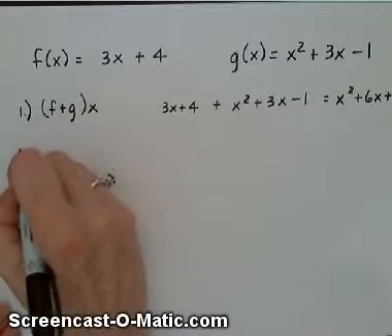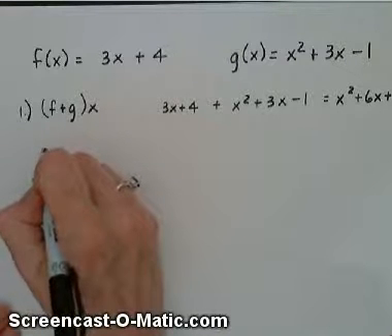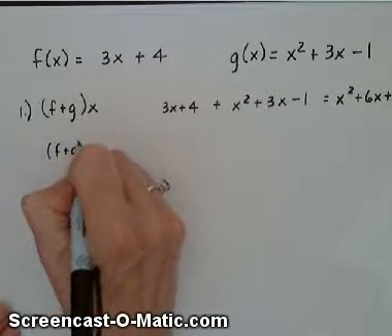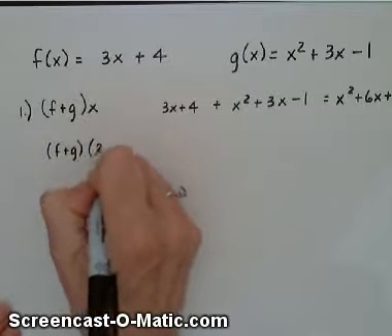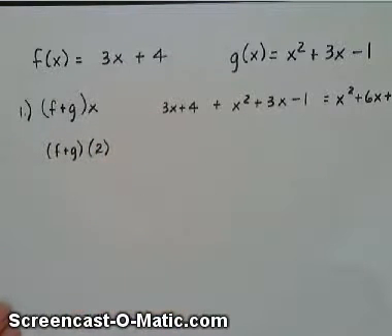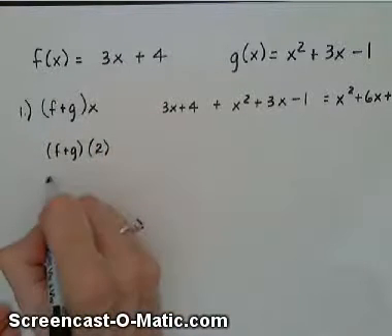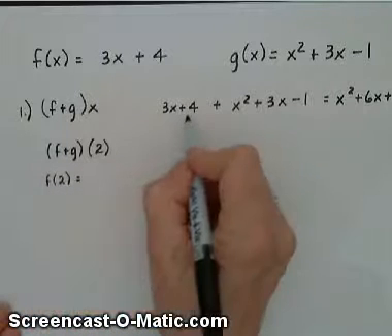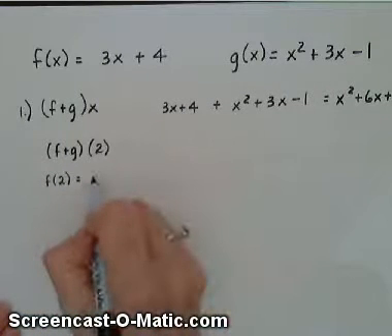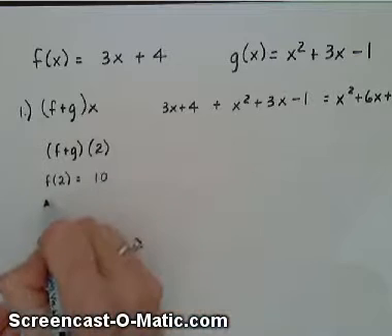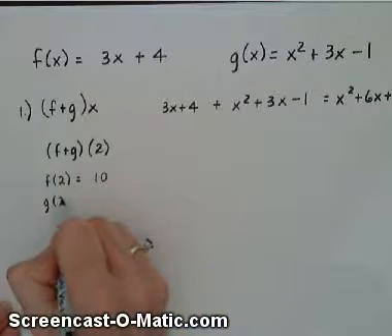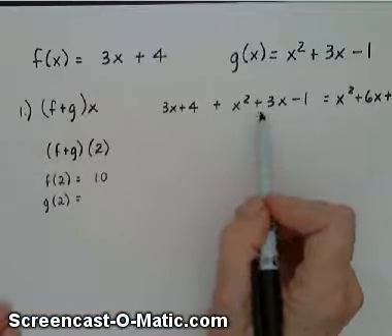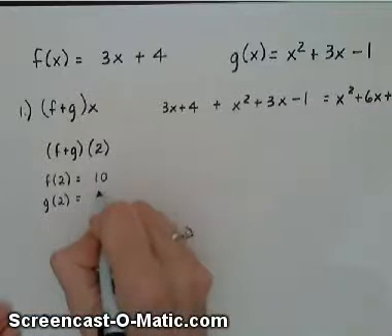Now, if you wanted the value of f plus g of 2, then you have two choices. You could do f of 2, which would be 3 times 2 plus 4, which is 10. You have g of 2, which would be 2 squared, 4 plus 6, 10 minus 1, which is 9.